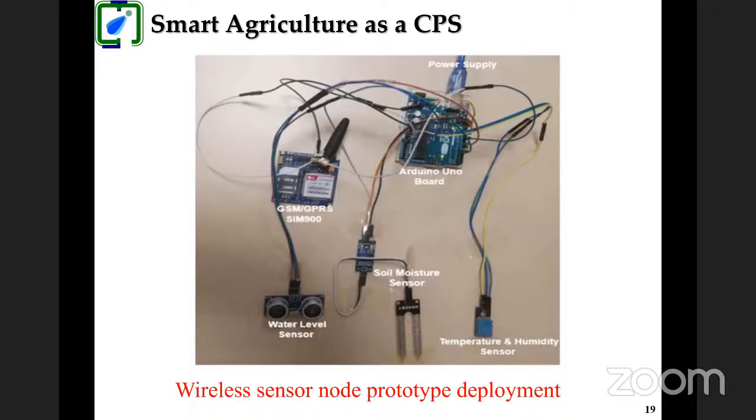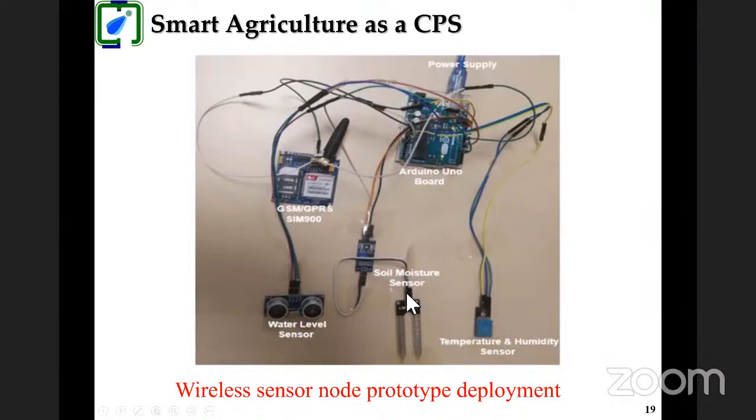Okay. So this is the wireless sensor node prototype development. You can see the different sensors which are actually being used: power supply unit, Arduino Uno board, GSM GPS SIM900, water level sensor, soil moisture sensor, and temperature and humidity sensor.